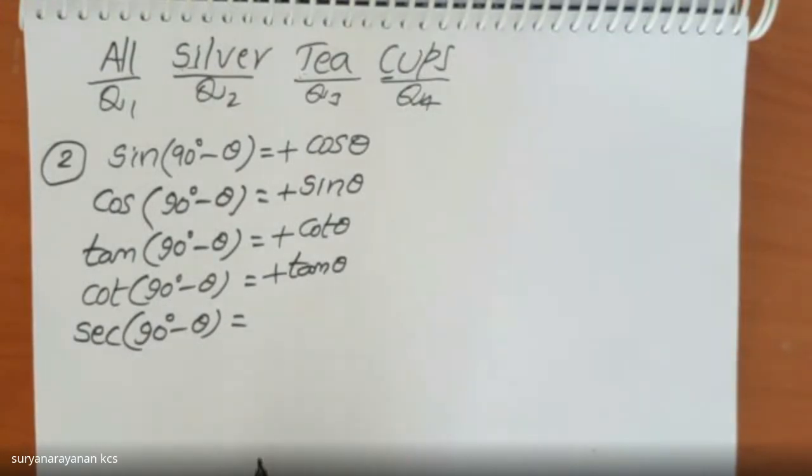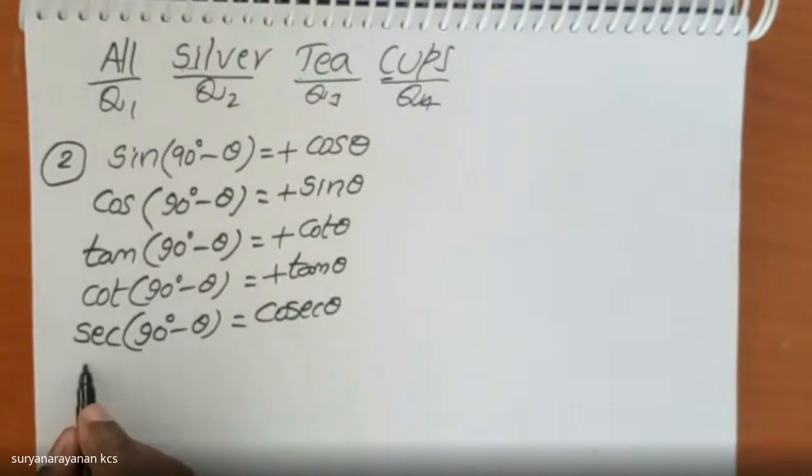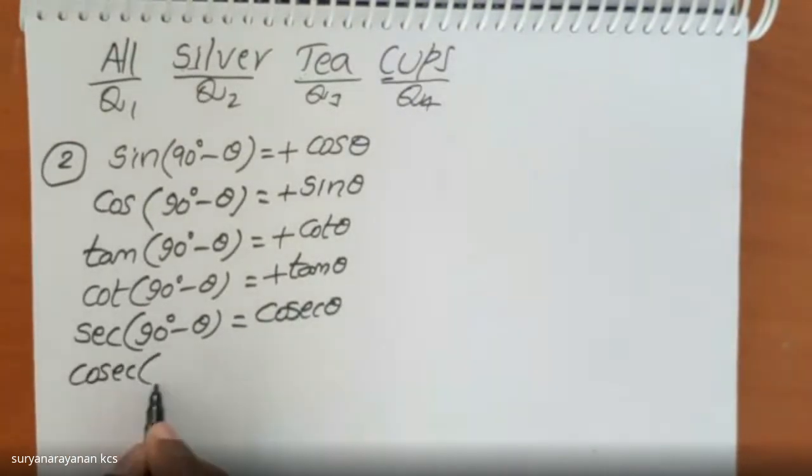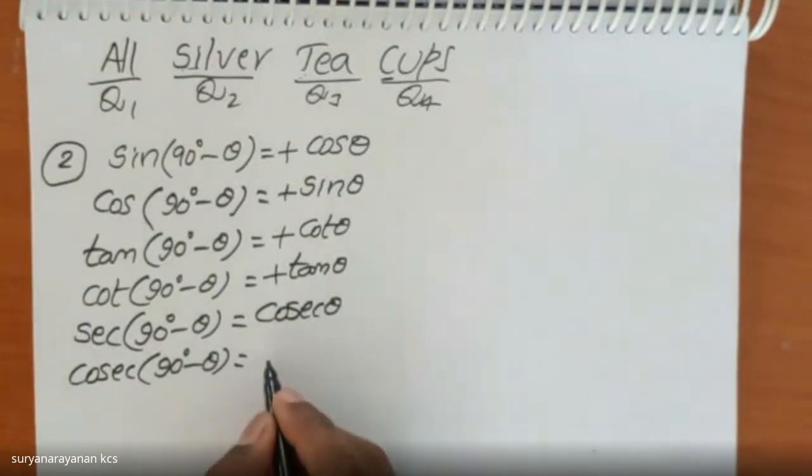Percy, cosecant theta. Now tell me cosecant 90 degrees minus theta. What is the value of cosecant 90 degrees minus theta? Yes, very good, my dear Percy. Secant theta. Yes.